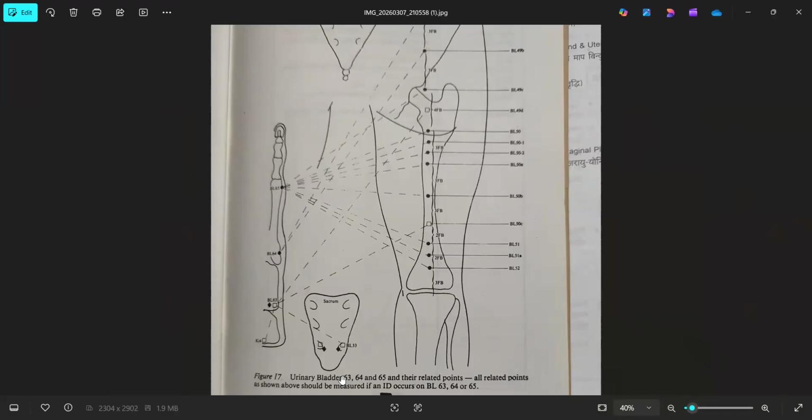Urinary bladder 63, 64, 65, and all their related points as shown above should be examined if pain occurs at 63, 64, and 65. So if there is pain at 63, 64, and 65, then all these points may be affected.